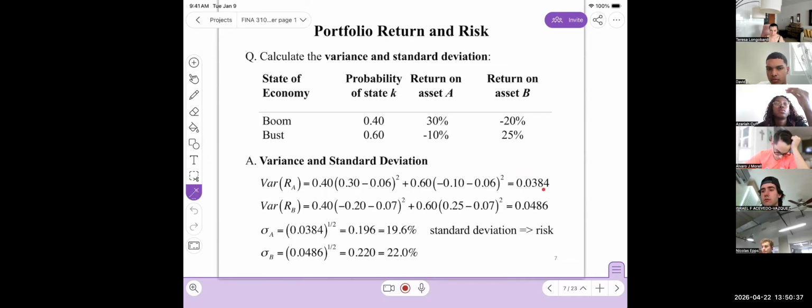So 0.0384 and 0.0, I'll copy them. So these are actually sigma A and sigma B. If you put those in the formula down here, you'll get 1 perfectly.